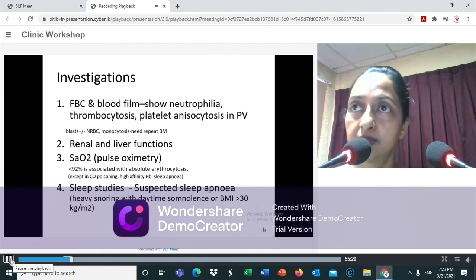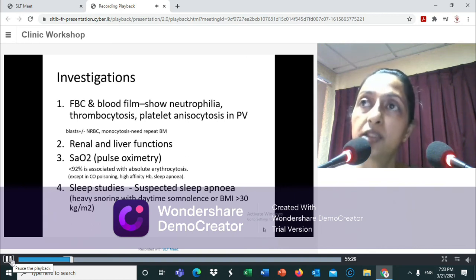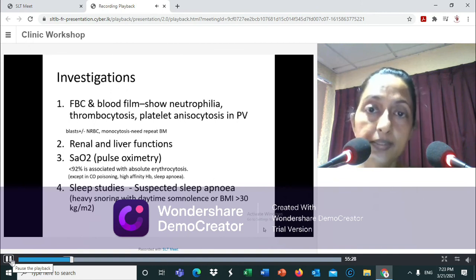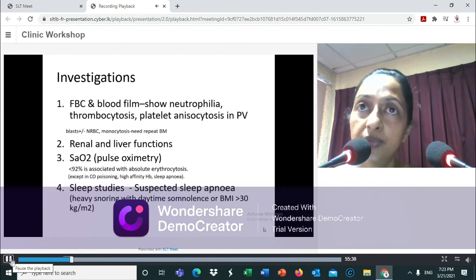So full blood count and especially blood film will show some features of polycythemia vera if they are present. Neutrophilia, thrombocytosis, and platelet anisocytosis, where there is a significant size variation. And you have to go ahead with renal and liver function tests, pulse oximetry.